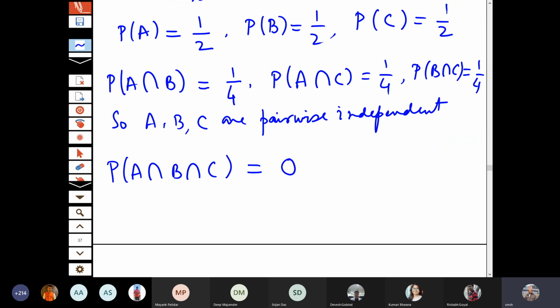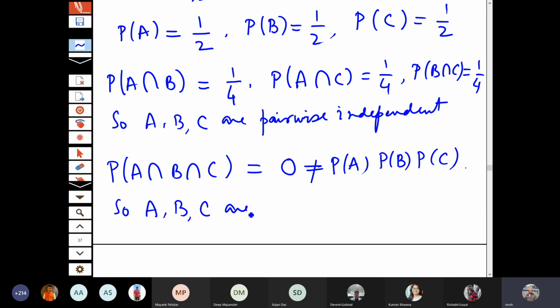So this is not equal to probability of A times probability of B times probability of C. So A, B, C are not independent. Although they are pairwise independent, they are actually not independent. So for overall independence, all the conditions must be satisfied.